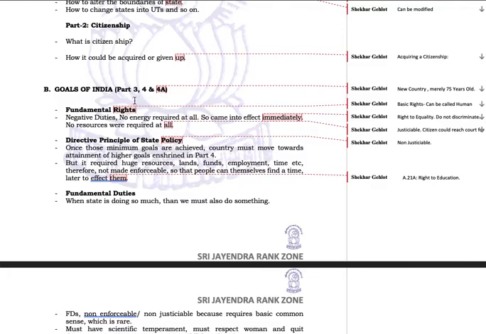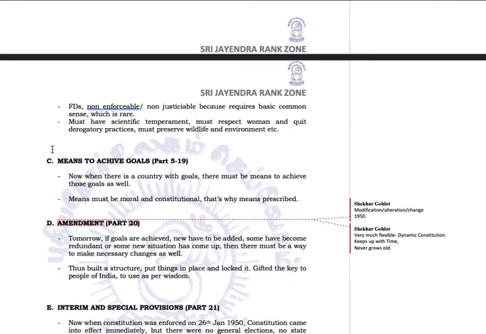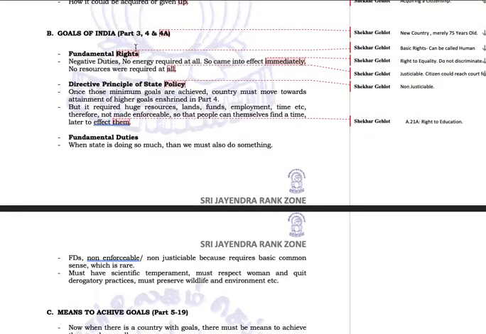Then group B, which includes part 3, 4, 4A, covers the goals of India, what India seeks to achieve. Then group C is the means to achieve those goals, which we'll find in part 5 to 19. We have to have some means to achieve those goals.